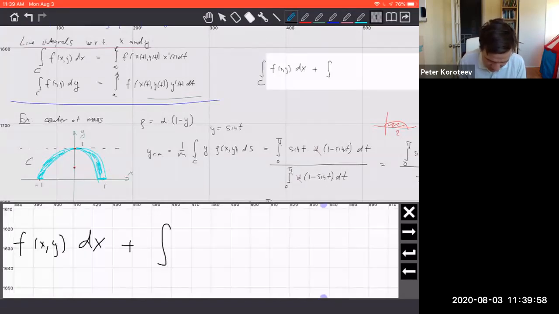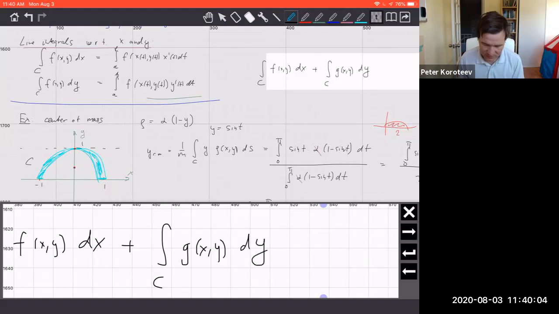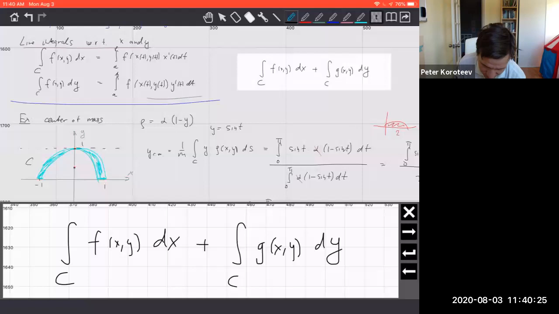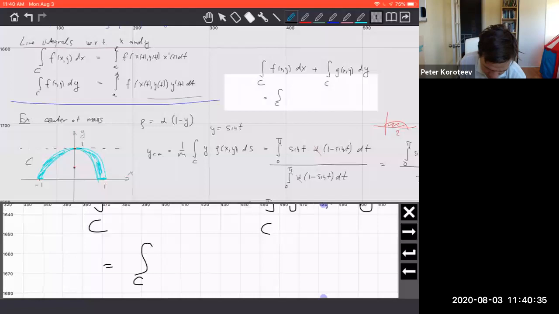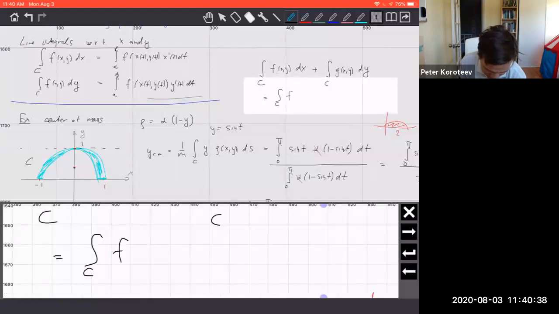Because these are defined independently, we can add to it the integral of some g of x, y dy. Or we can write it as an integral over C, where the integrand has two terms at the same time: f of x, y dx plus g of x, y dy.